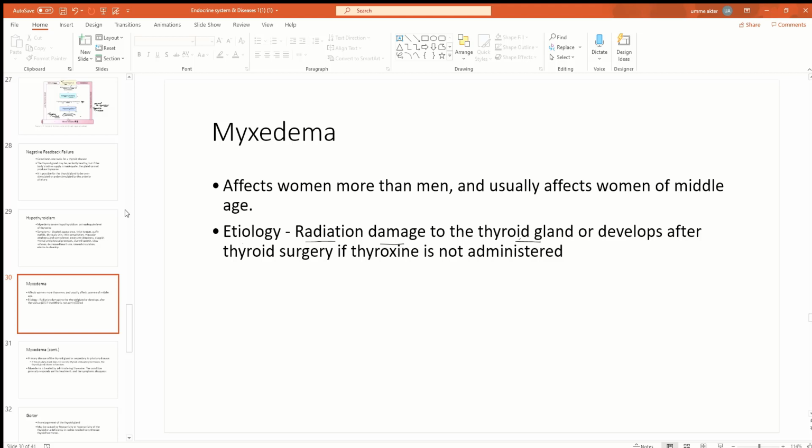So if due to a tumor or cancer the thyroid gland is surgically removed, then that will cause hypothyroidism and myxedema.